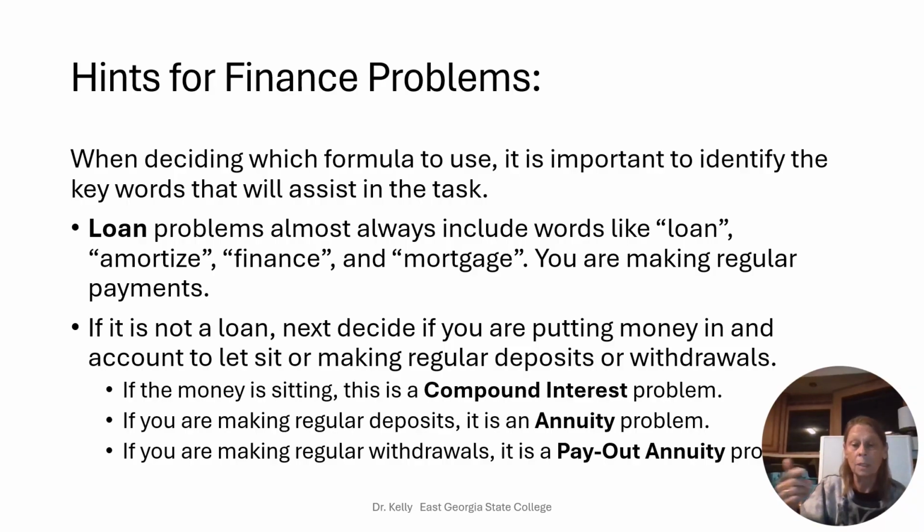But usually it's once a month. Sometimes it's every pay period. They get payment into their 401k plans when they get paid, and that would be a regular deposit into their annuity. All right, if you have any questions on how to keep these straight, please don't hesitate to catch up with me in my office hours, okay?